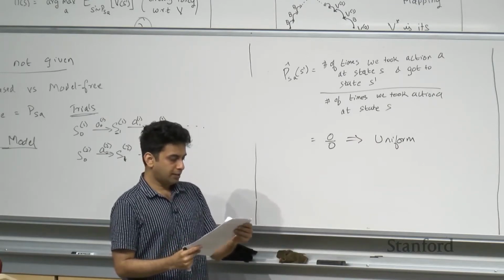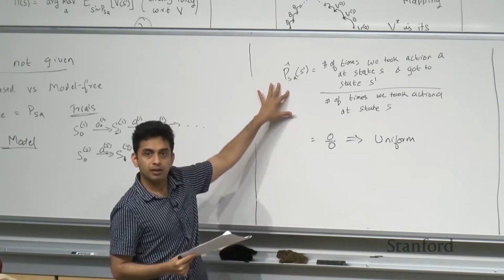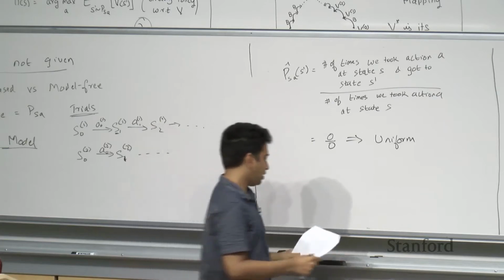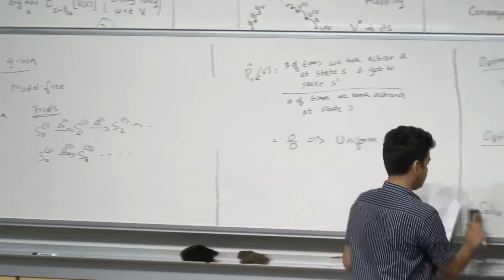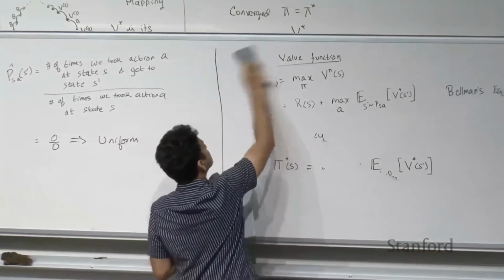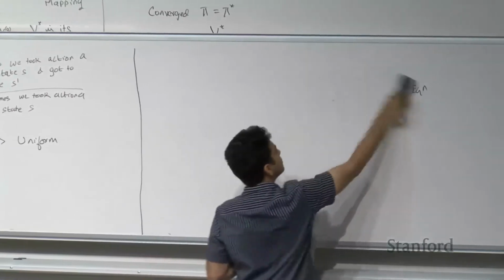Okay. And using this kind of an estimation of the transition probabilities, we can now construct an algorithm that looks like this.